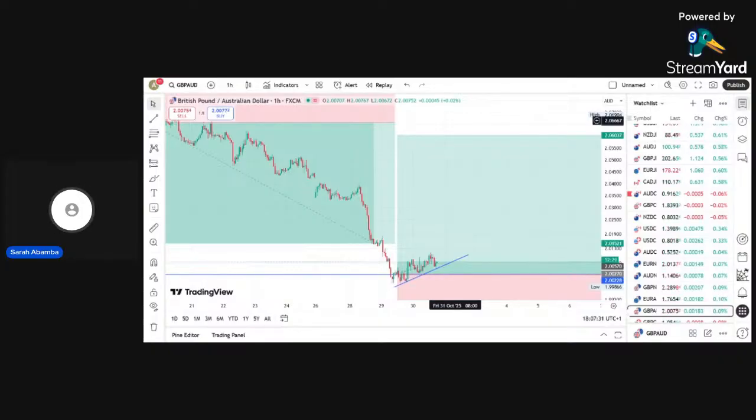Now, before I delve into that, I want to quickly say that there are lots of strategies in the forex market for you to make money. There's no doubt about that. There are lots of strategies that will give you a lot of money in the forex market.